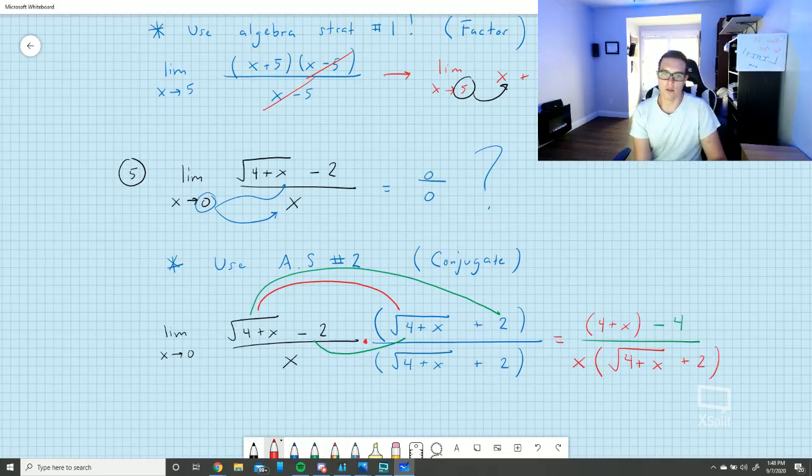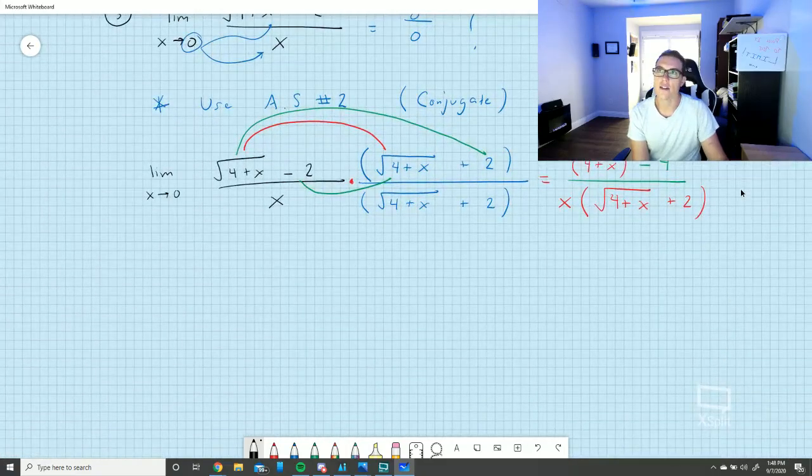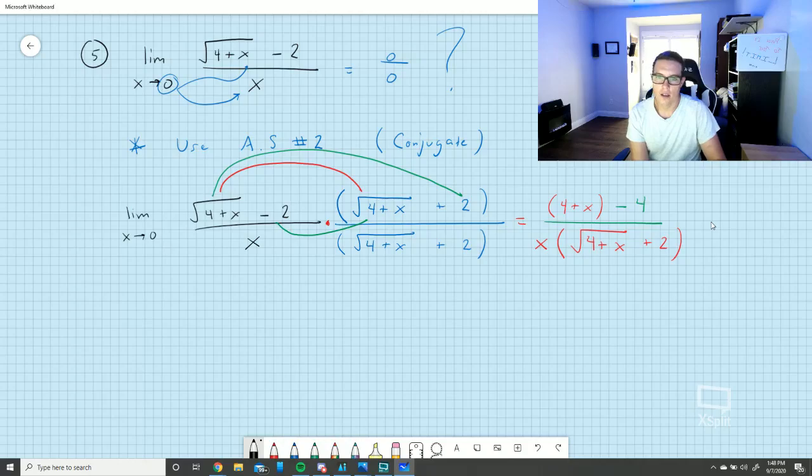All right, so this looks weird, but look what happened. The top, all the radicals are gone. That should always happen. The radicals should be gone when you do this correctly. Look what we have in the top. We have 4 plus x minus 4. It's all adding and subtracting. There's no term out here, so we don't have to worry about the parentheses anymore. And how nice, the 4 and the minus 4 cancel.